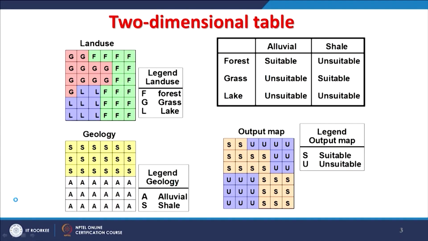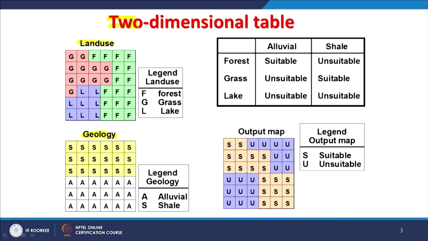If we take an example, we have one land use map and another geology map, and I want to create a two-dimensional table. That means I am overlaying these two, and here the operation, the syntax part, is not shown, but how to create a two-dimensional table.